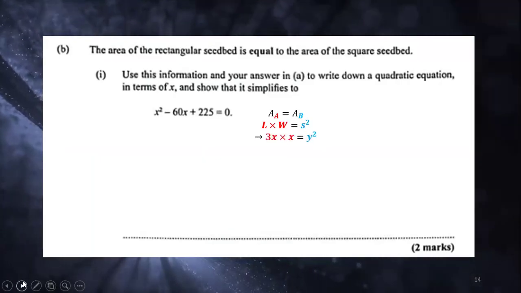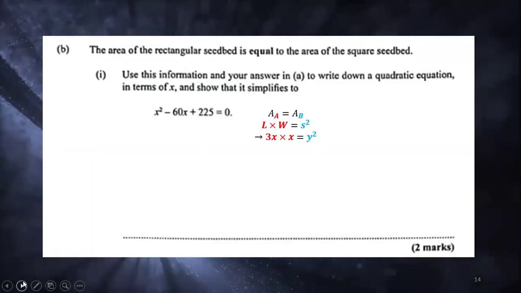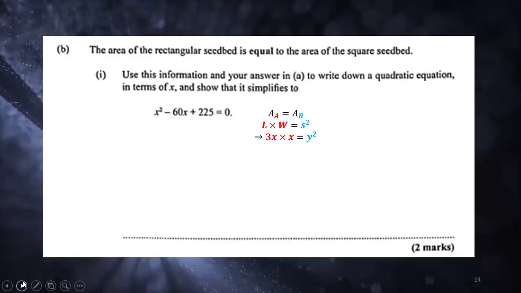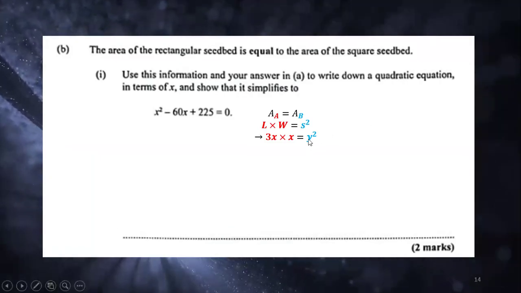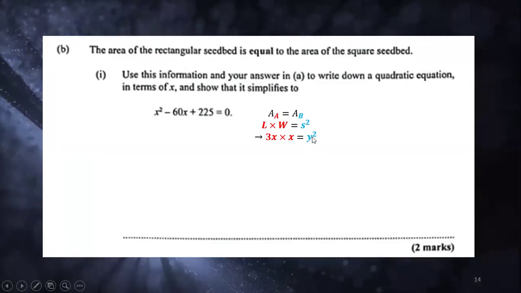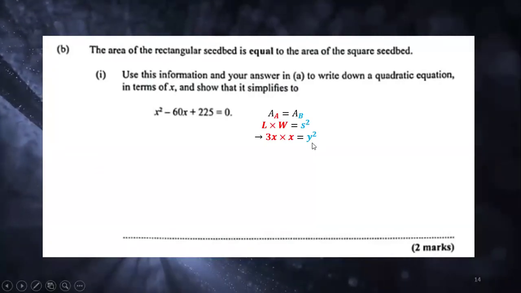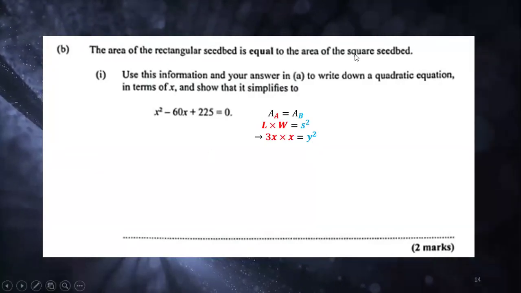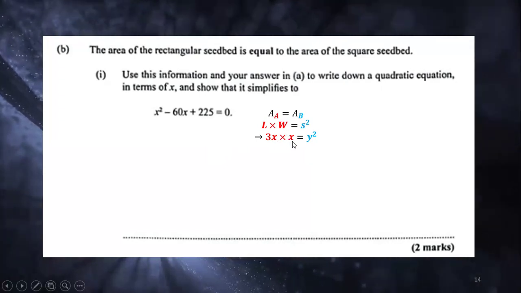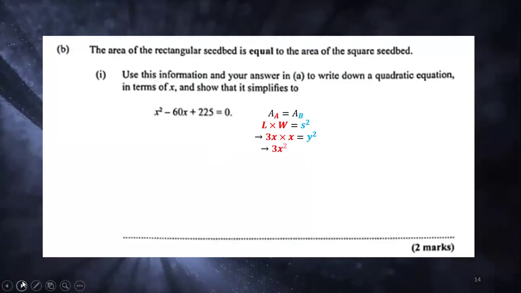It's going to be 3x by x, as we said before, the length and the width of the rectangle, respectively, is equal to y squared. We said that the side of the square is going to be y, so side squared is y squared. The length of the rectangle is 3x and the width is x. So it's going to be 3x times x is equal to y squared.